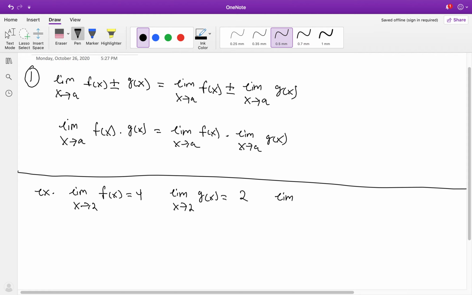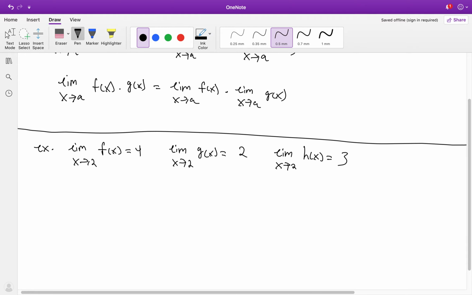And limit as x approaches 2 of h of x is equal to 3, right? And so the problem could be, what's the limit as x approaches 2 of 2f of x times h of x divided by 3g of x?